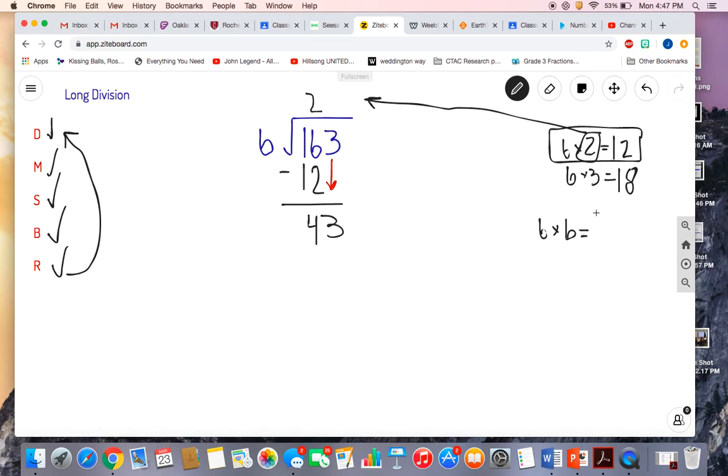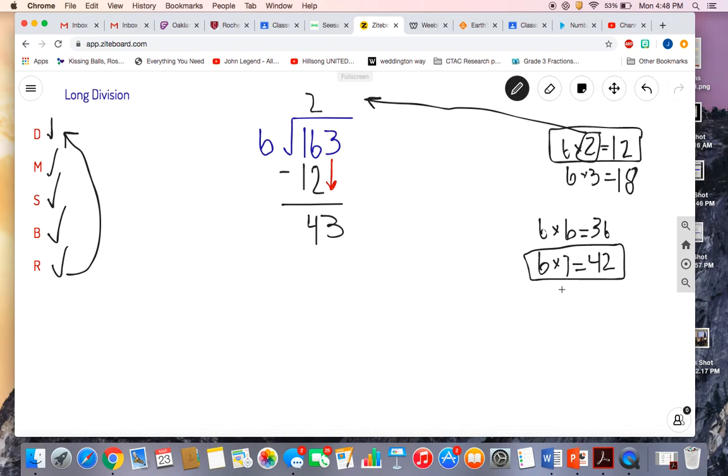And I have to think to myself and say, okay, I believe I can get a little closer to 43 without going over. So I'm going to try 6 times 7. And I know that 6 times 7 is 42. And that I know is the closest I can go without going over.